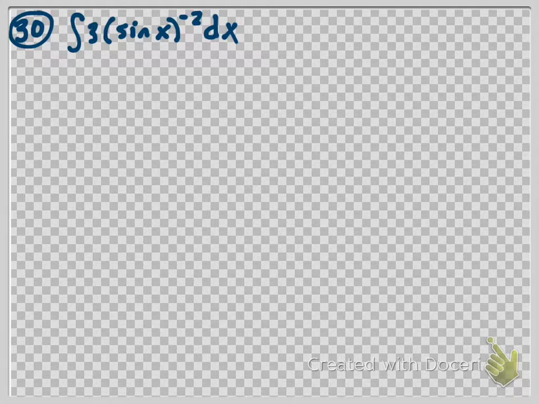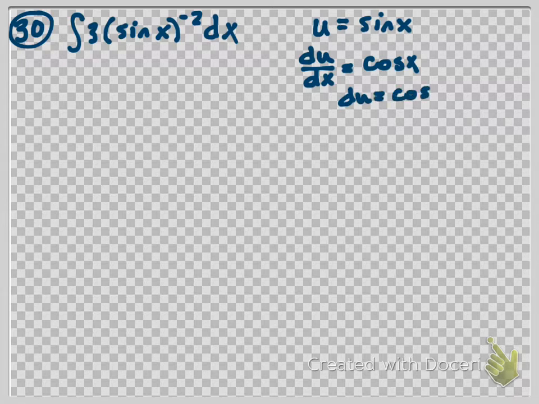Sine x is my u. So u equals sine x, and I'm going to need to replace dx with du, so I'm going to take the derivative of my u expression with respect to x, and what is the derivative of sine x? Cosine x, which makes my du the equivalent of cosine x dx.